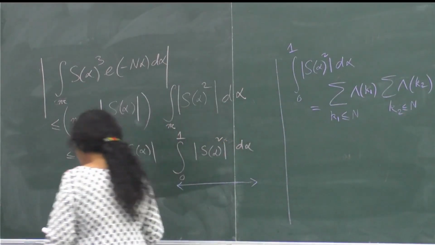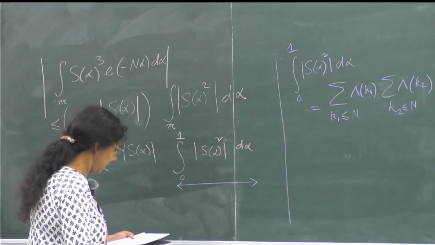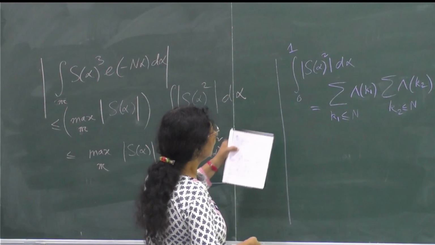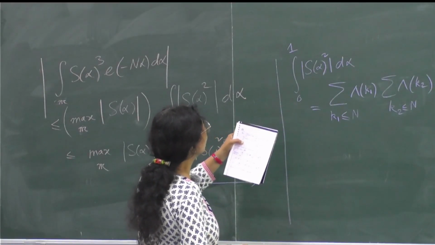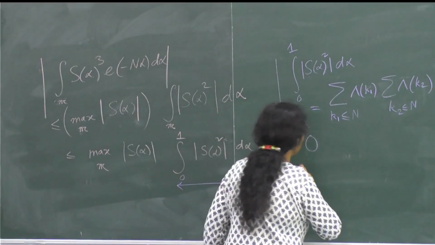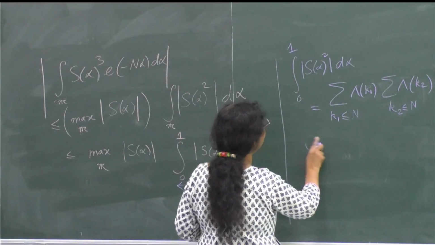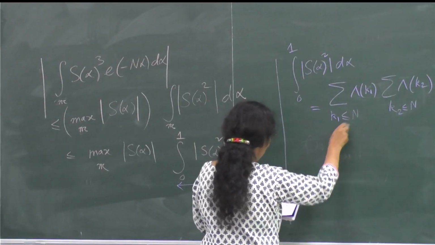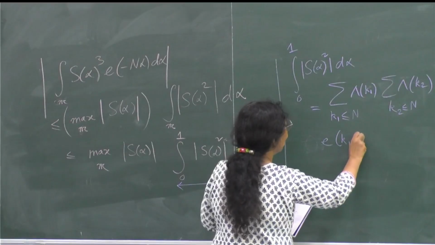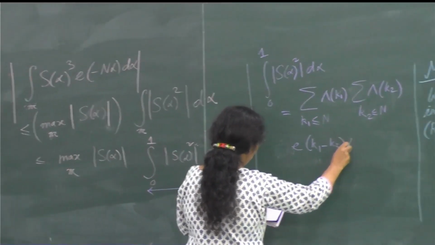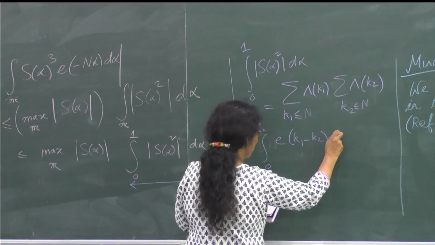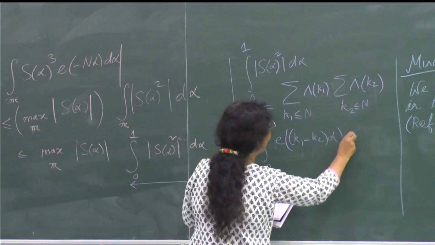And then if I take the lambda k1, lambda k2, so what I will get is big O of exponential k1 minus k2 alpha, 0 to 1, d alpha.